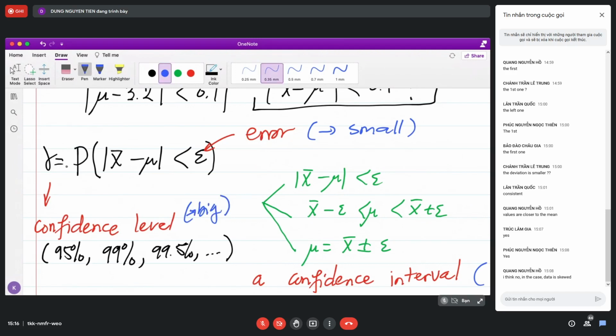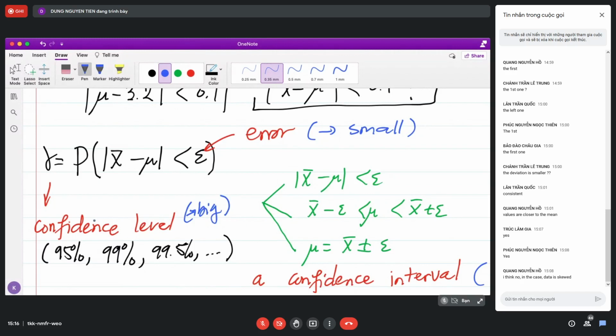We usually fix gamma to make sure that the confidence level is high, and then we determine the error. If you fix the error, let's say you want the error to be small, like 0.01, and then you find the confidence level, you may come up with something strange, because if you get a confidence level of only 50%, then it doesn't make sense to use that value, right?